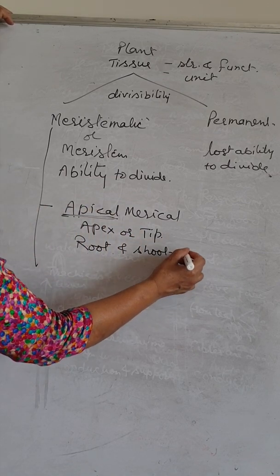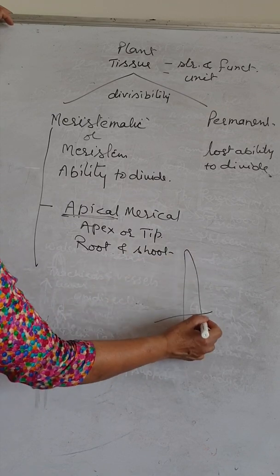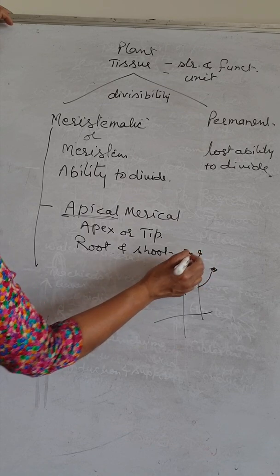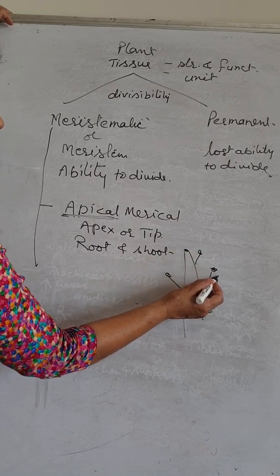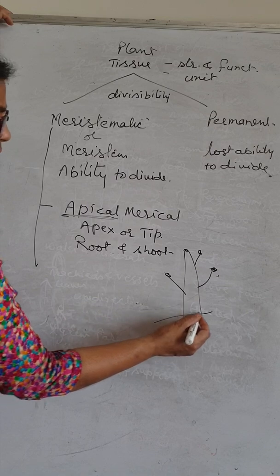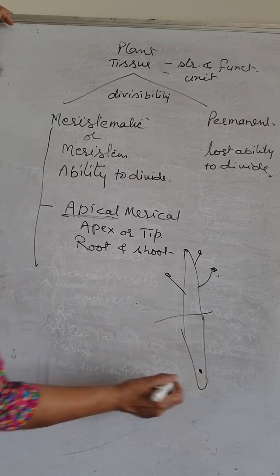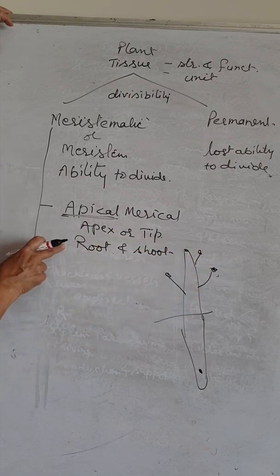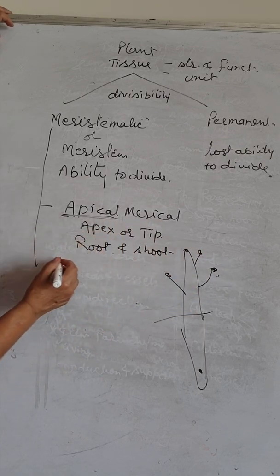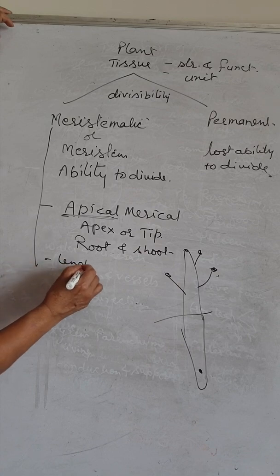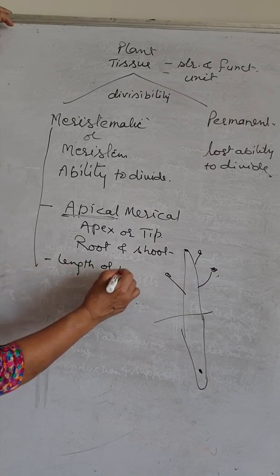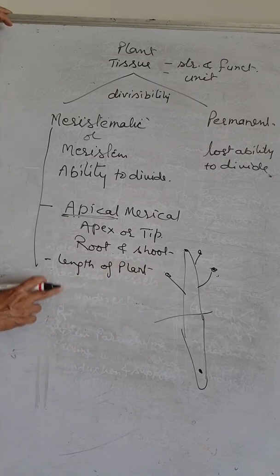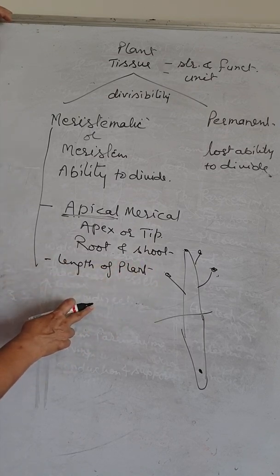For example, as we see in the plant, the new flower and the new leaf grow at the tip of shoot and root. These tissues are apical meristem. They are responsible for increasing the length of the plant.